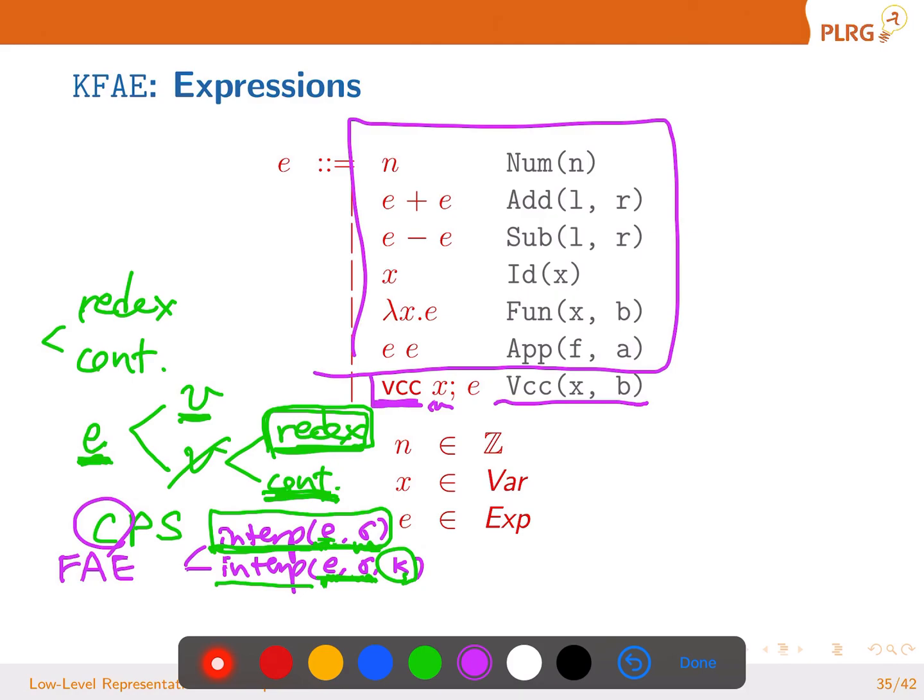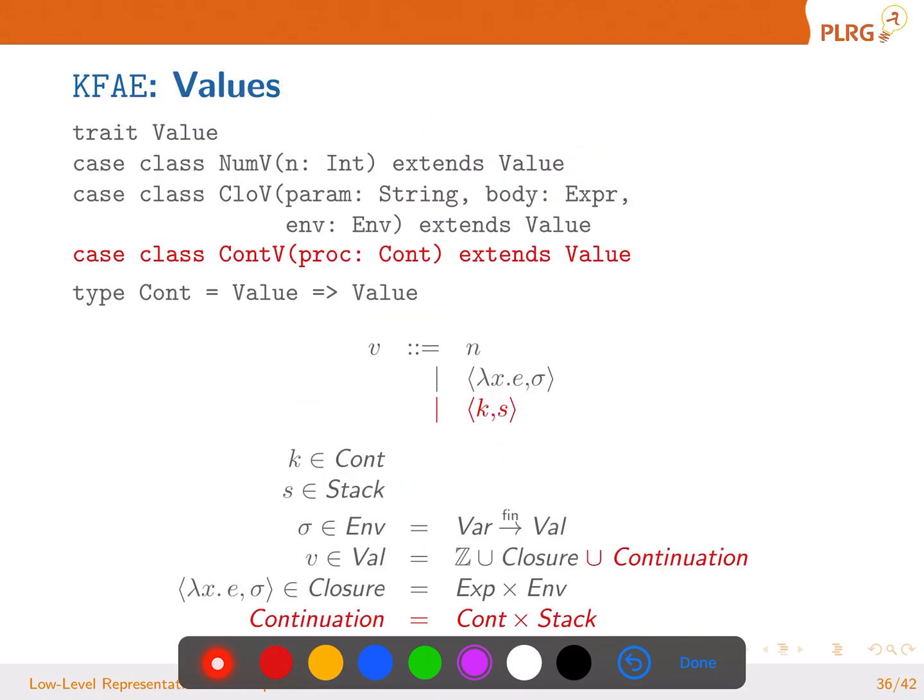Work to do when you are done evaluating this expression, right? So we extended the set of values to have continuation. Unlike closure V, which is a parameter name, body expression, and an environment, continuation has work to do. What's that? It's a function, right?